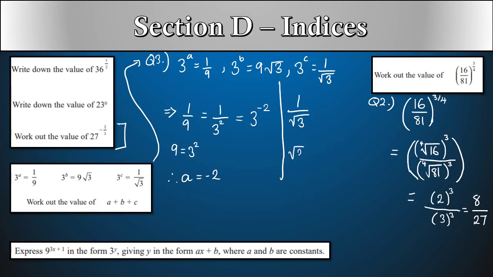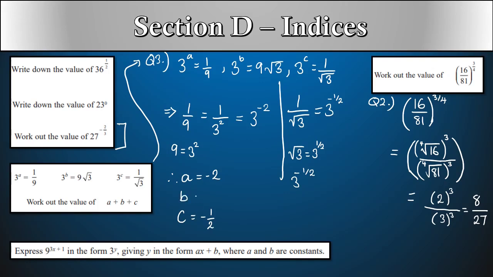Root 3 is 3 to the power of a half. And then the fact that this is 1 over means that this is going to be 3 to the minus a half. Okay, this is just 3 to the minus a half. So in that case, c is minus 1 over 2.